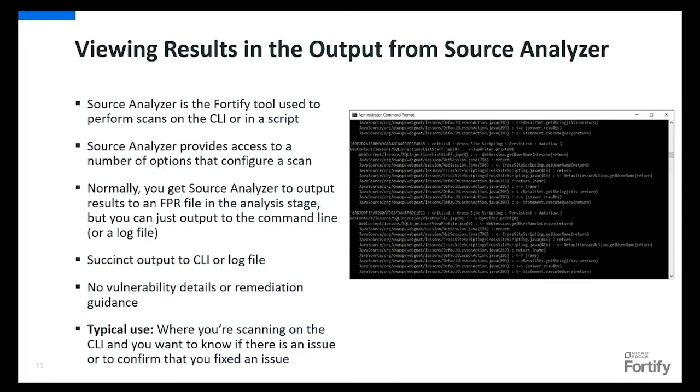Now normally with Source Analyzer you would output the results to an FPR file as shown in the earlier diagram, which can then be consumed in various tools. But you could just output to the command line as shown on the right in the screenshot there. What it does give you is a sparse output to the command line or log file, because there's no vulnerability details or remediation guidance provided, which you normally would get in some of the other tools.